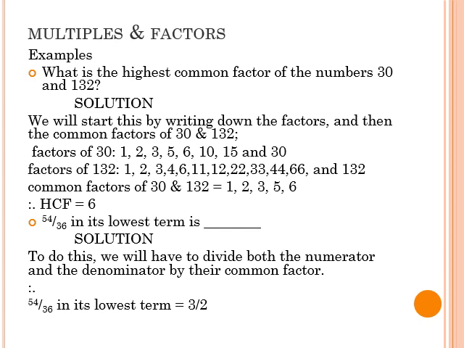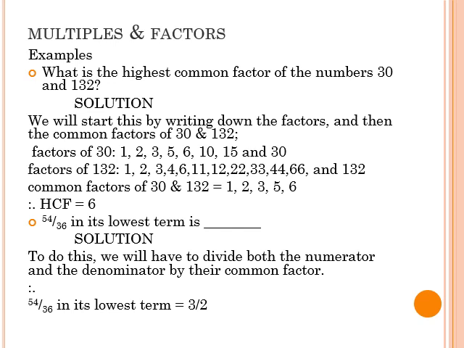From here we get the common factors of both 30 and 132, which are 1, 2, 3, and 6. The highest of the common factors is 6. So the highest common factor of 30 and 132 is 6.